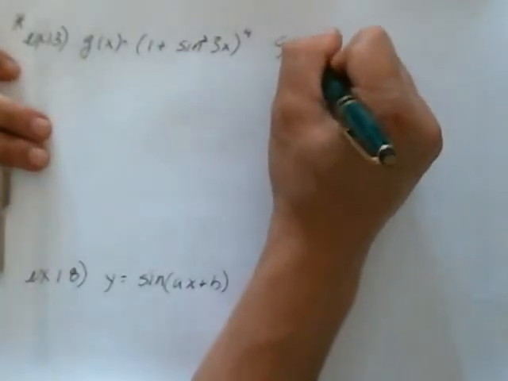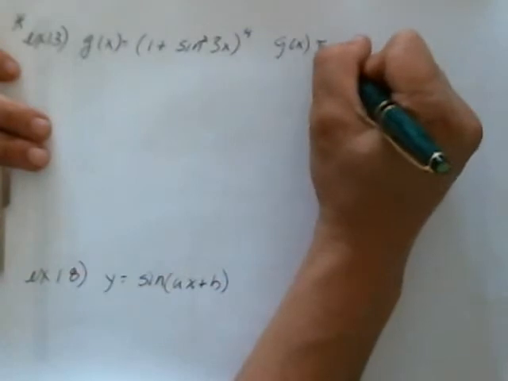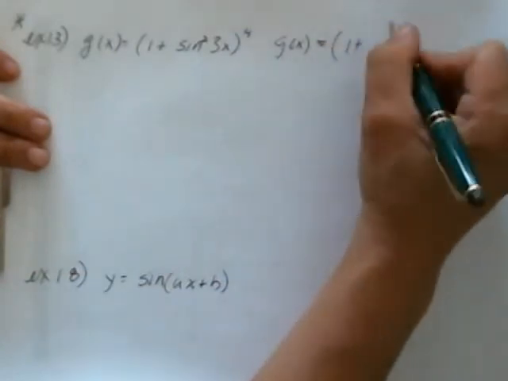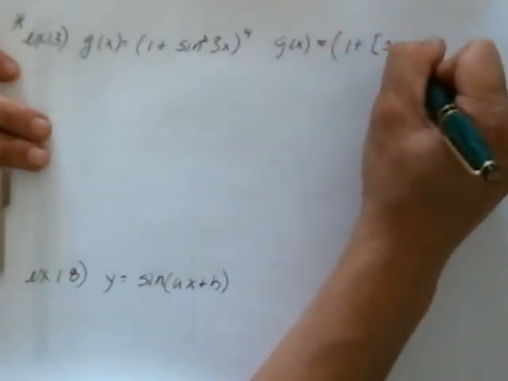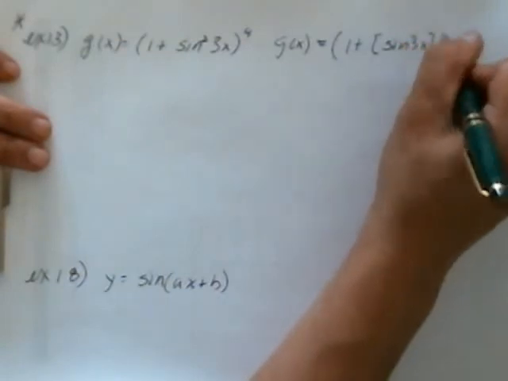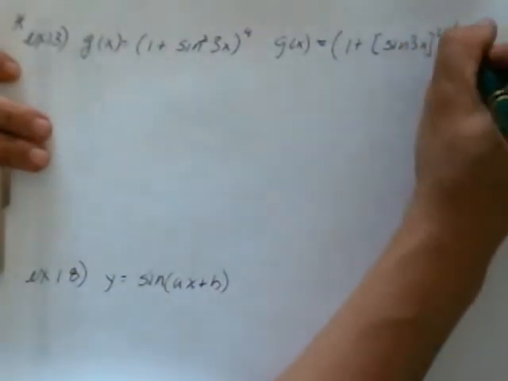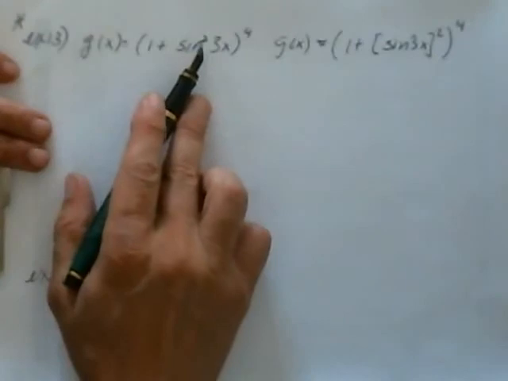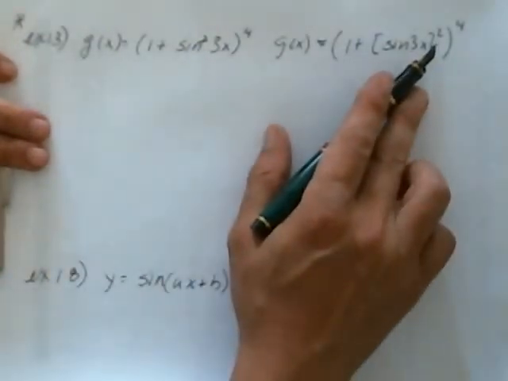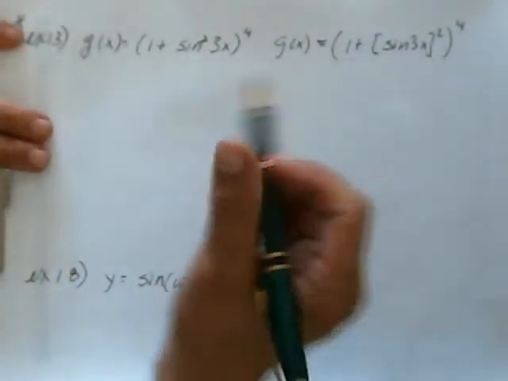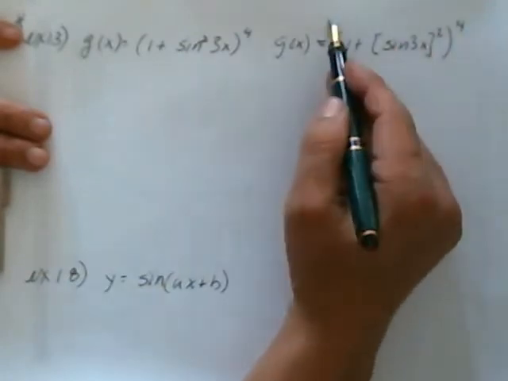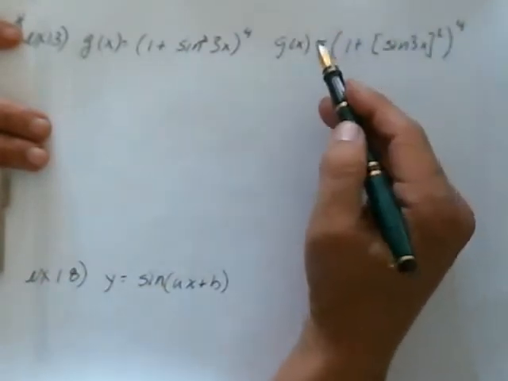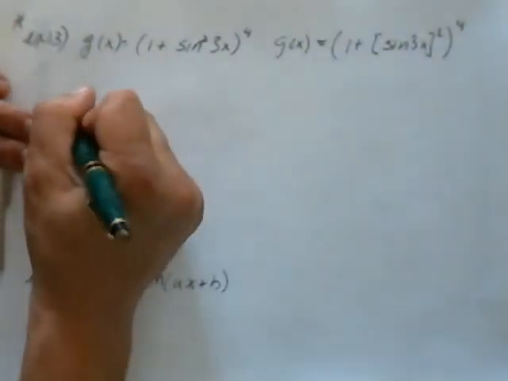I'm going to call it g of x is equal to 1 plus the quantity sine of 3x squared to the 4th power. So all I did was take that squared and put it on the outside.